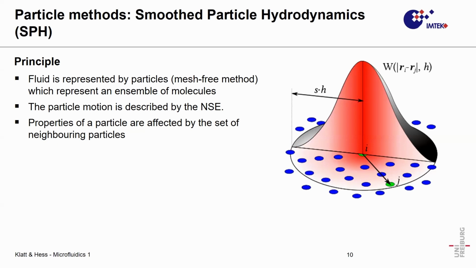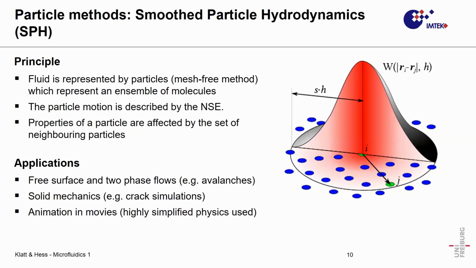And as in this method, the fluid is represented by those individual particles, it does not require a mesh, which has led to several applications, such as the simulation of free surface flows or two-phase flows. An example would be the simulation of an avalanche. And this method or this approach has also gained some interest in the field of solid mechanics, for example, for crack simulations.